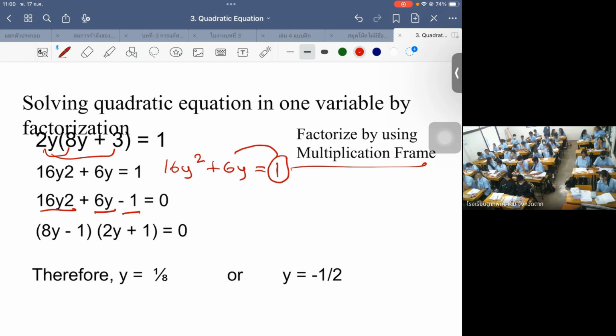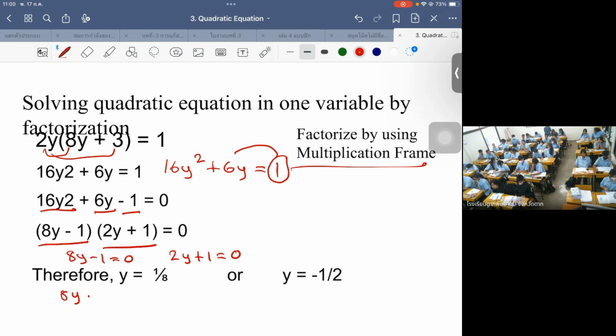So, in factorization, we have this one. Okay? So, separate them again. Separate 8y minus 1 is equal to 0 and 2y plus 1 is equal to 0. So, we have 8y, transpose, it will become a positive 1.